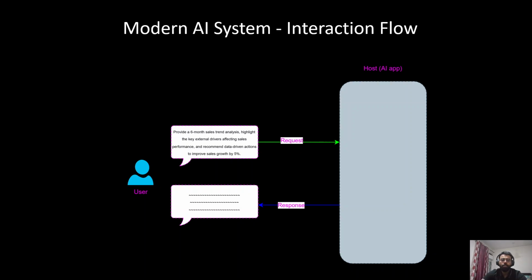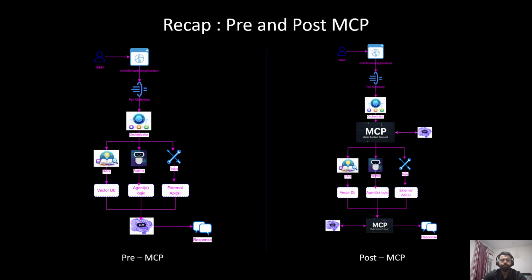Now, from the user's perspective, this appears to be a single request. However, internally, the AI system must understand the user's intent, identify the required data sources, interact with multiple agents and subsystems, analyze various business factors, and then generate a meaningful response.